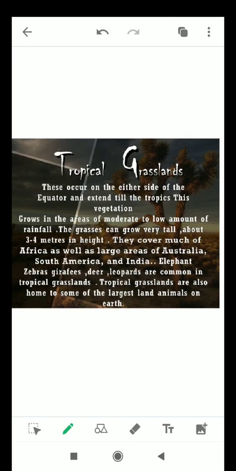Let us discuss it one by one. Tropical grassland is also called savanna. Savannas are found close to the equator outside the belt of tropical rainforest. The largest and best known savanna grasslands are found in Africa, although they also exist in South America, India, and northern Australia.